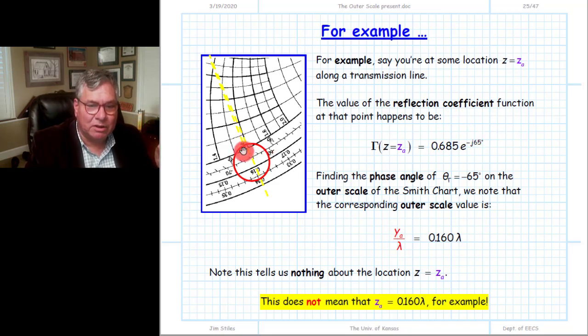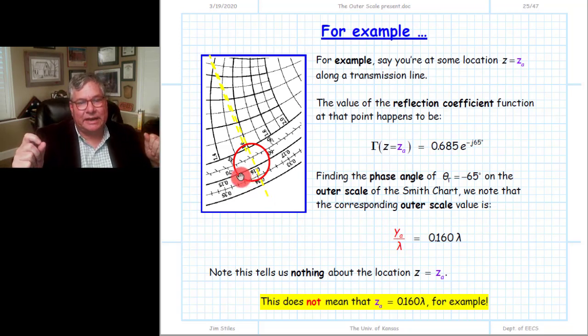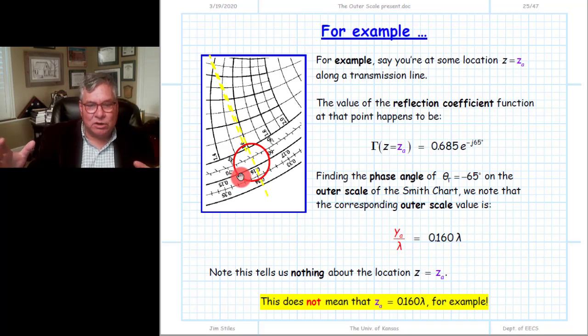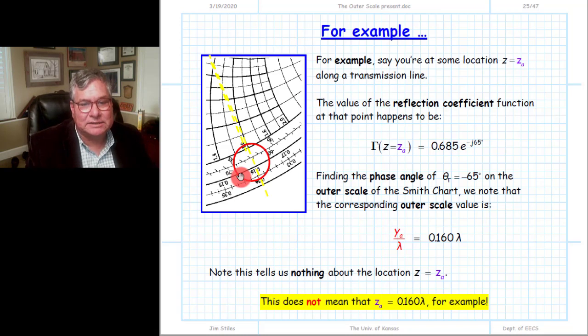But if we continue along that line, we find it also intersects the wavelengths toward load scale at a value of 0.16. In other words, a normalized distance of 0.16.